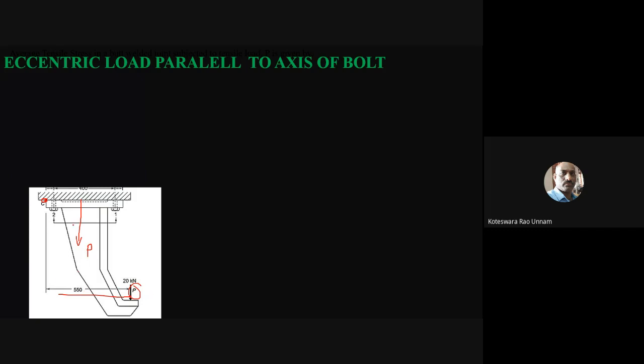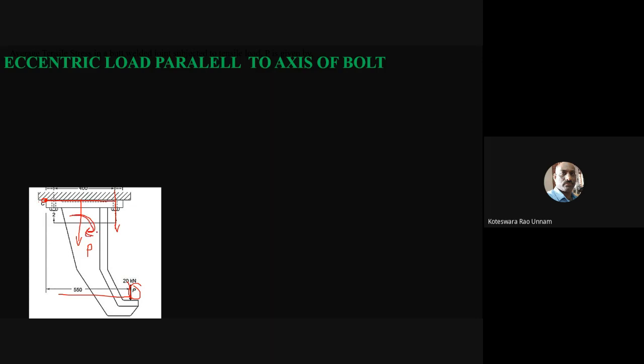That moment is going to be clockwise. If I take moment about this point C, this load is going to tilt this bracket in the clockwise direction. Also, this is our bolt axis and the load is also in the direction of the bolt axis, so obviously it is going to create a bending load.